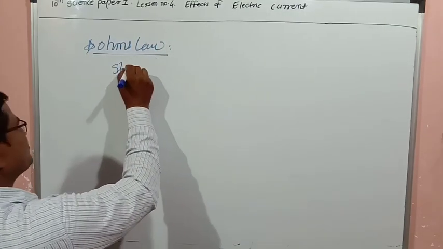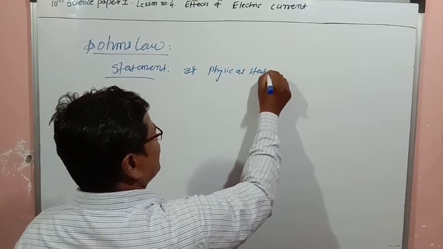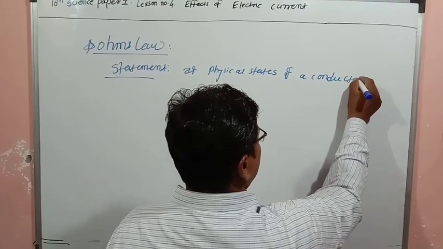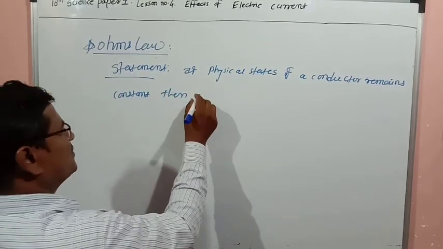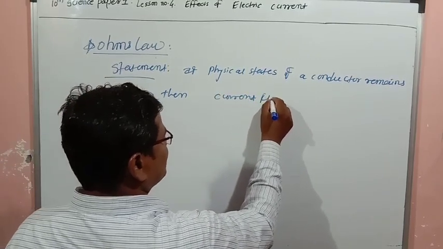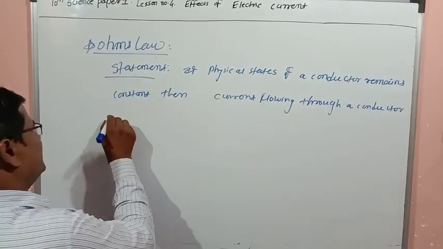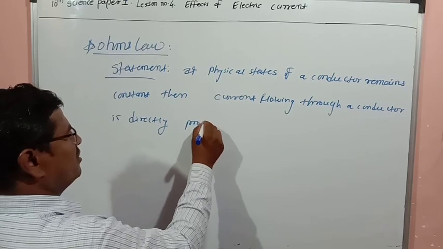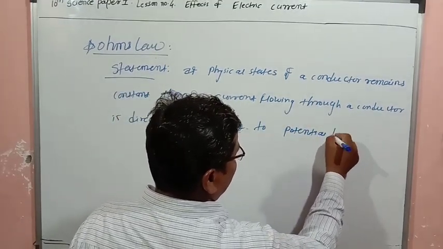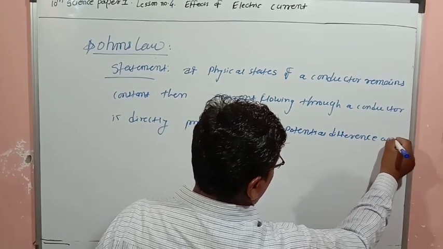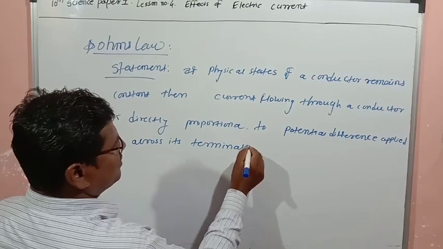So the statement we will write: if physical states of a conductor remain constant, then current flowing through a conductor is directly proportional to potential difference applied across its terminals or two ends.